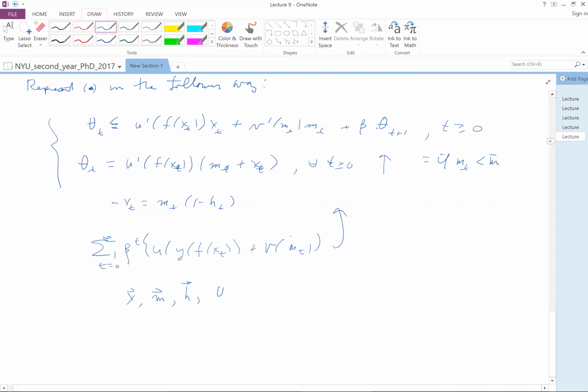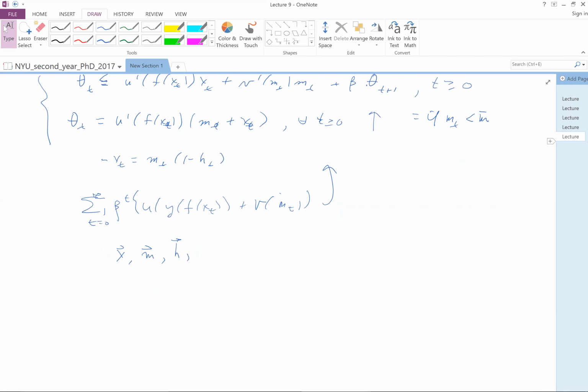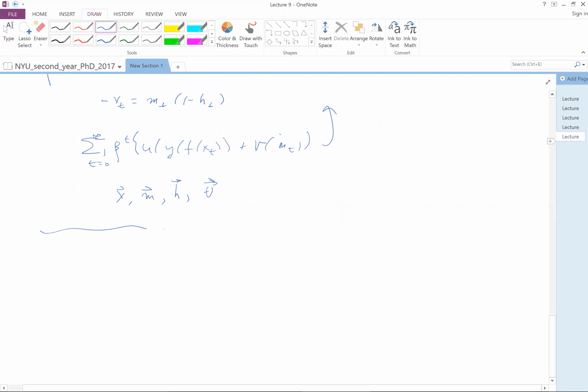We could think of him choosing a theta sequence too, which would be implied by that. If we want. Okay. So now this is where I went haywire last time by skipping a few steps.